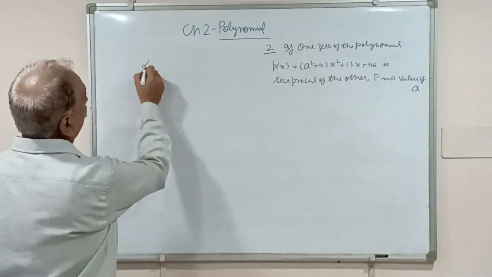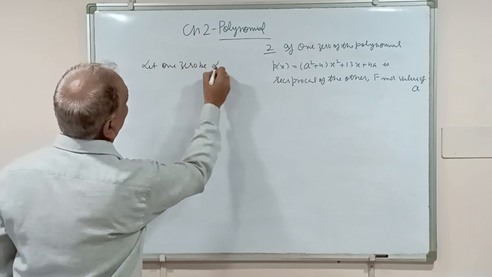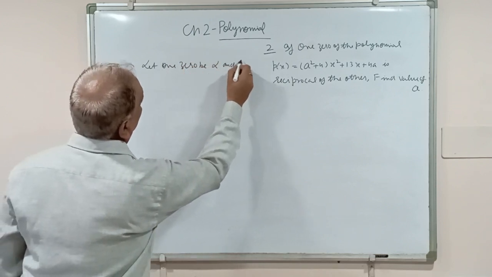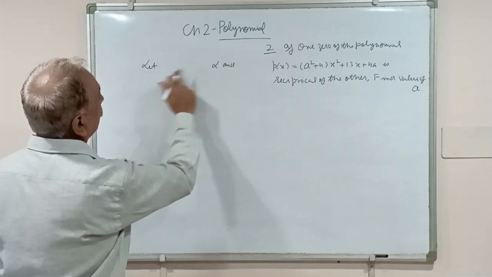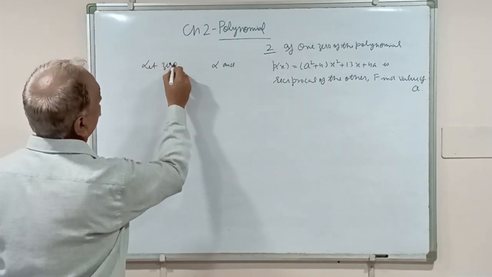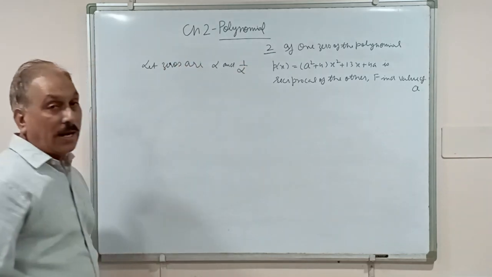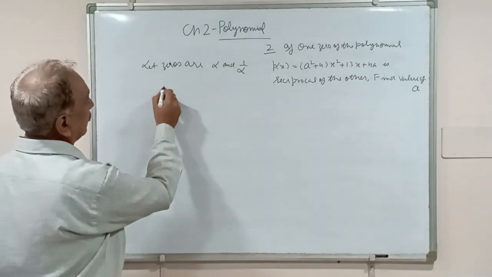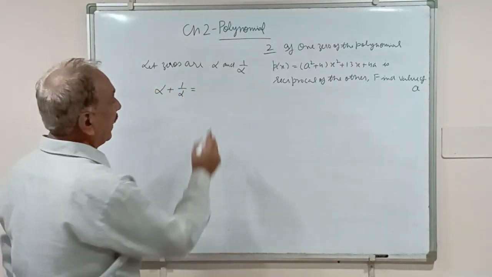Let one zero be alpha, so the zeros are alpha and 1 upon alpha. I know the sum of zeros: alpha plus 1 upon alpha is minus b upon a.